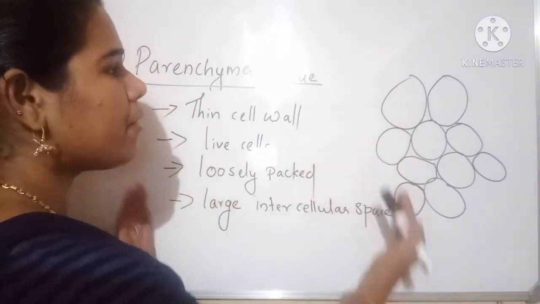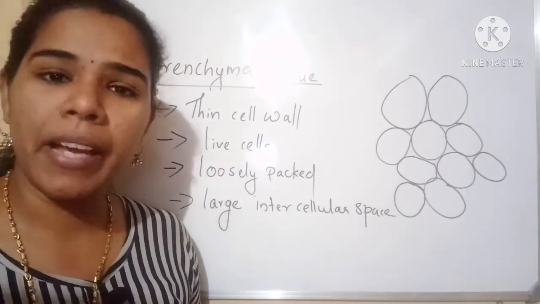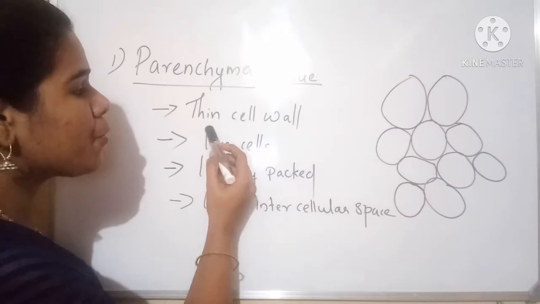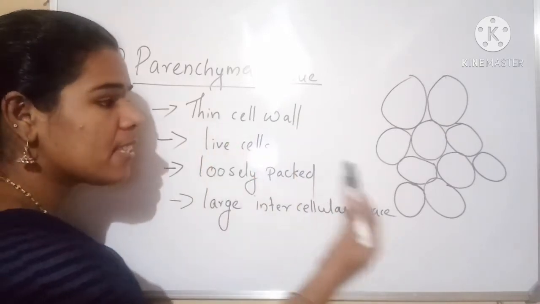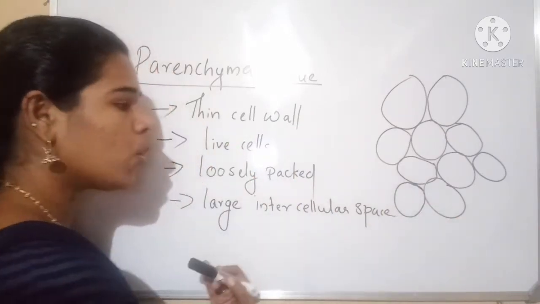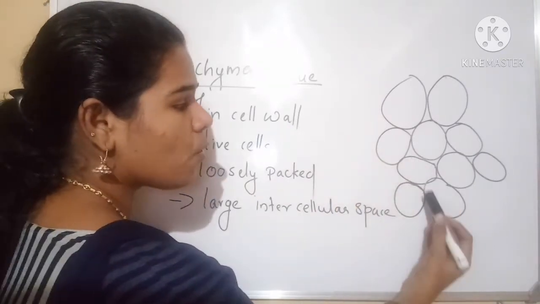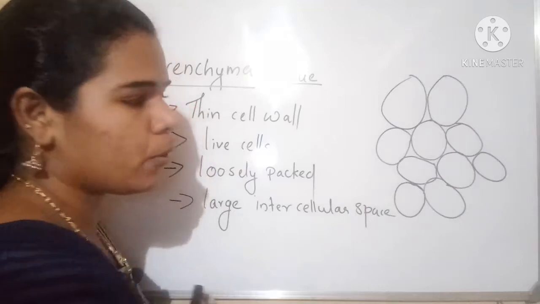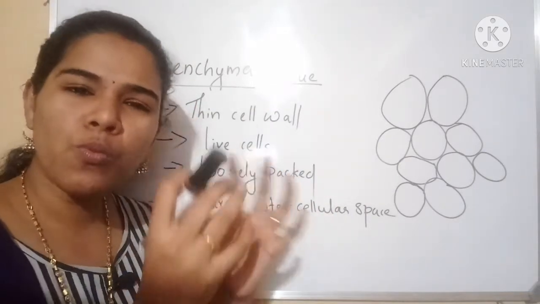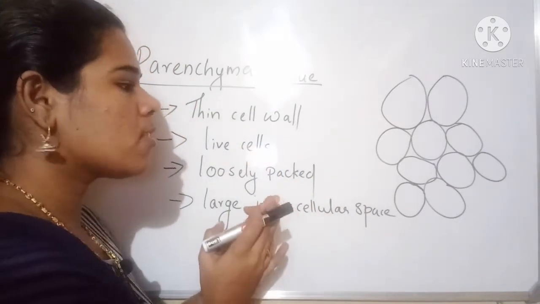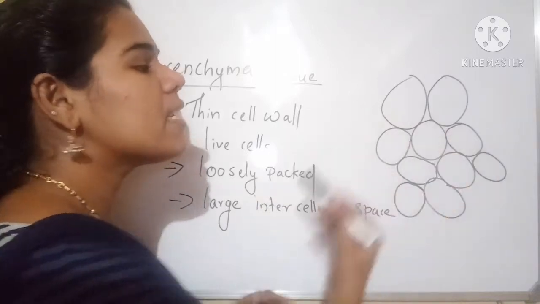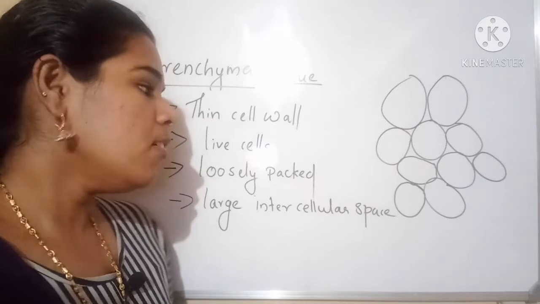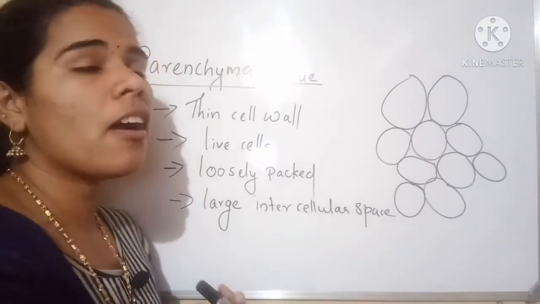These are the main features: a very thin cell wall, they are live cells, and they are loosely packed, not tightly packed, because they have large intercellular spaces in between.